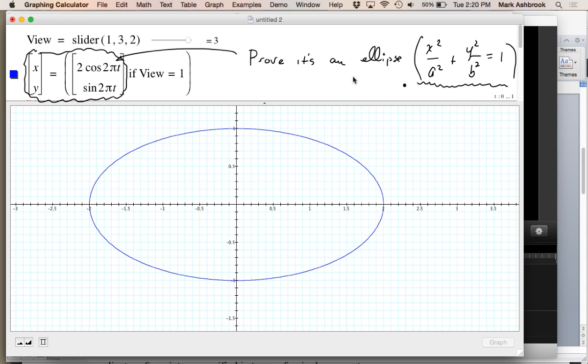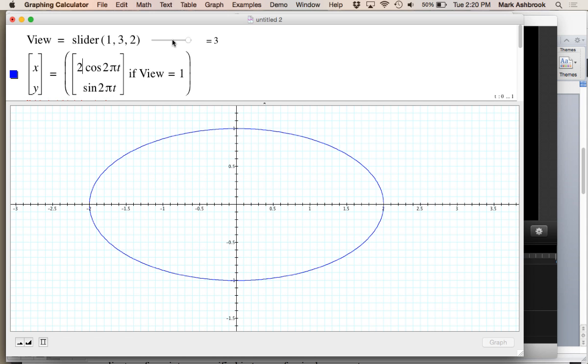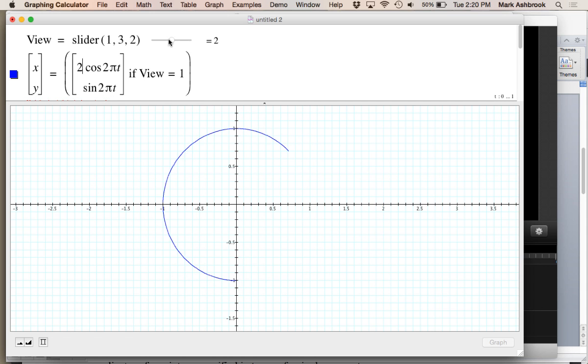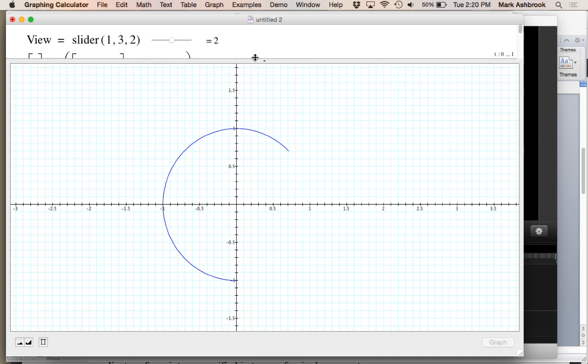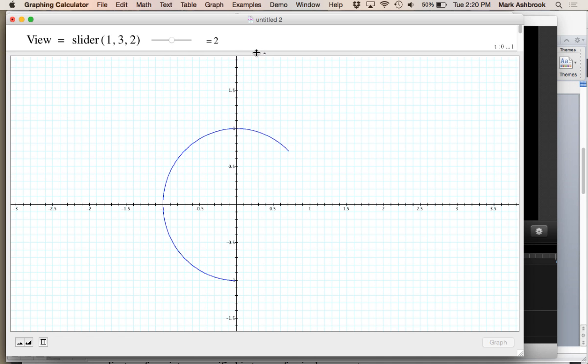Okay, so something else here. I want us to use something we learned. Notice what my t-value is. What's my t-value? From what to what? 0 to 1 still.